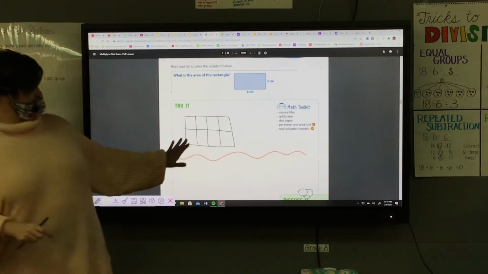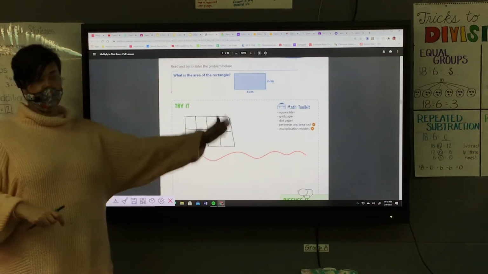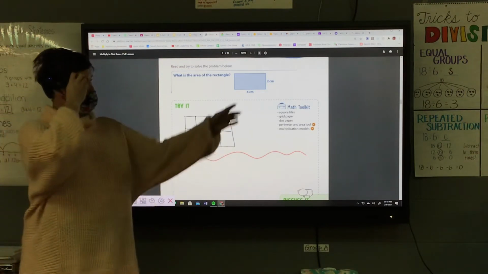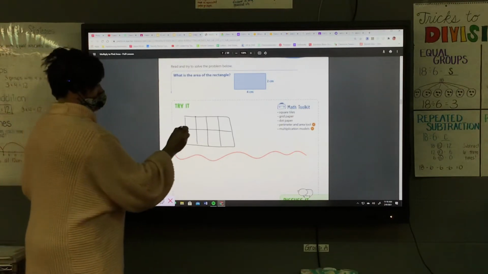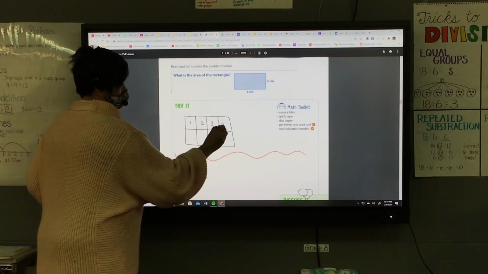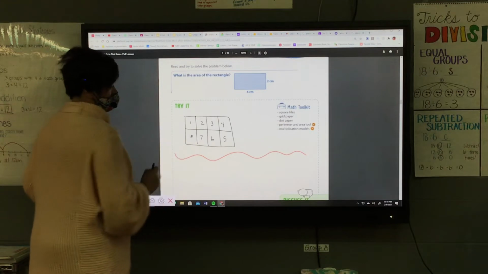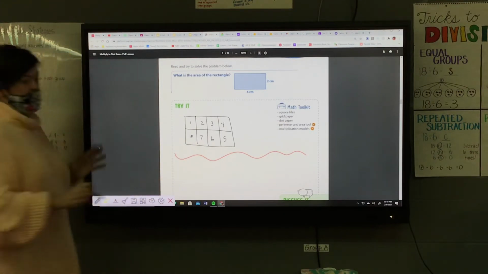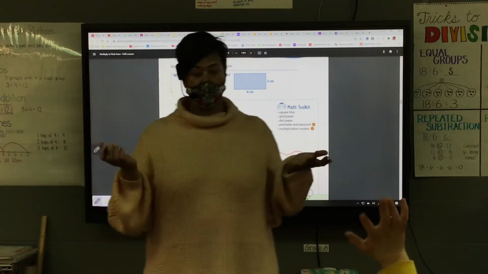Is that 4 by 2, a length of 4 by the 2 inches or 2 centimeters? How many of you used a multiplication equation to solve it?